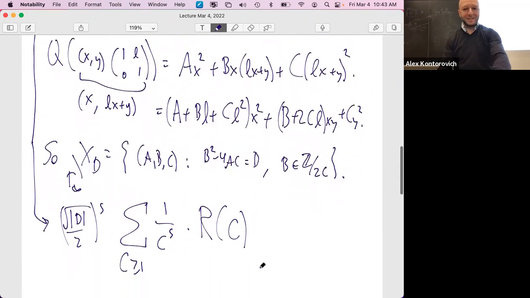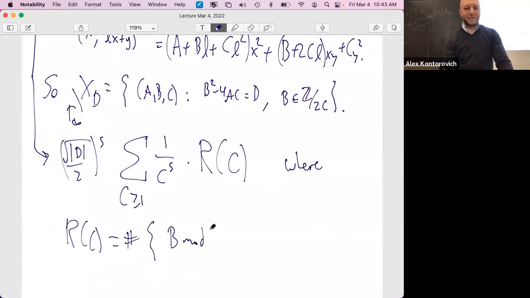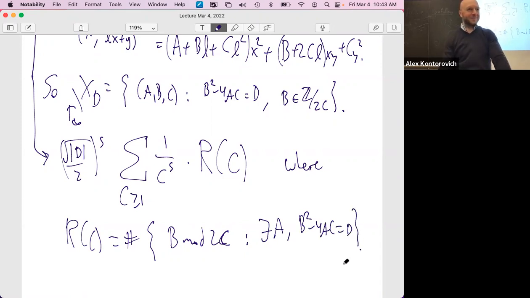In other words, I'm grading this xd mod gamma infinity by these c's, where r of c is the number of b's mod 2c such that there exists an a with b squared minus 4ac equal to d. The number of solutions b to this equation, for that specific c.